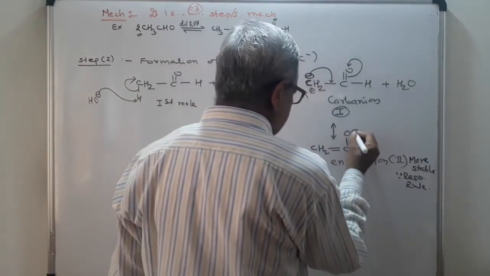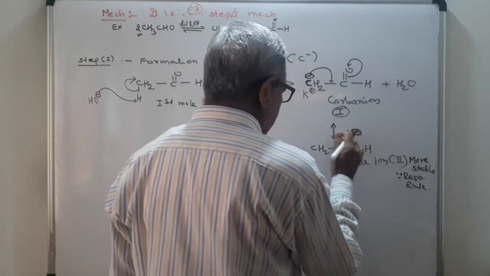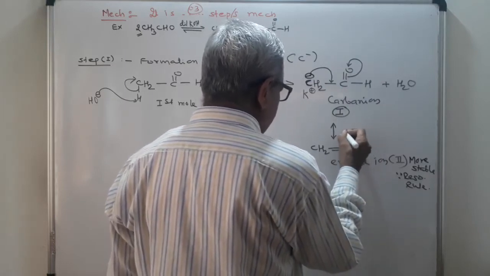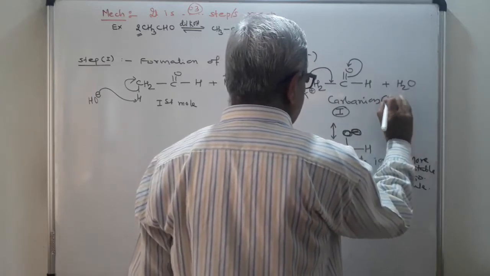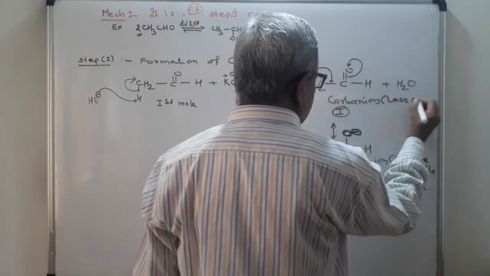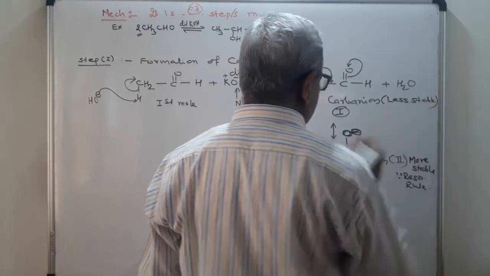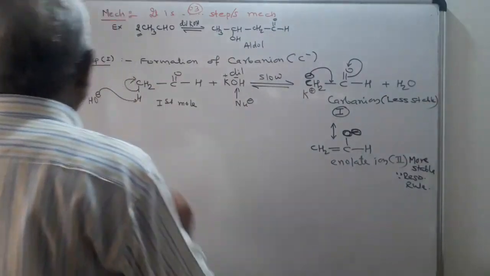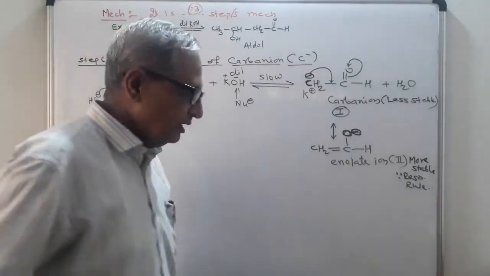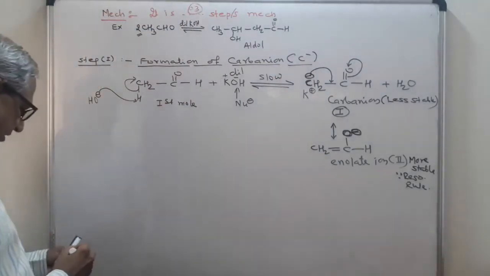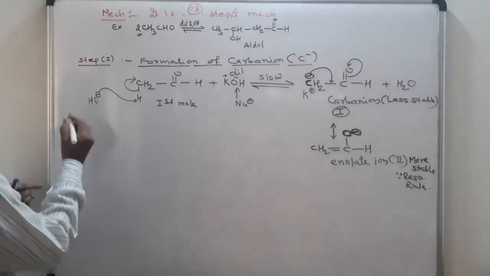In this case negative charge is present on the electronegative oxygen atom. Therefore this is more stable and the carbanion is less stable. So this is the important question here. If anyone has difficulty about step first, that is the formation of carbanion, please revise it. Now I will explain step second. See the step second.